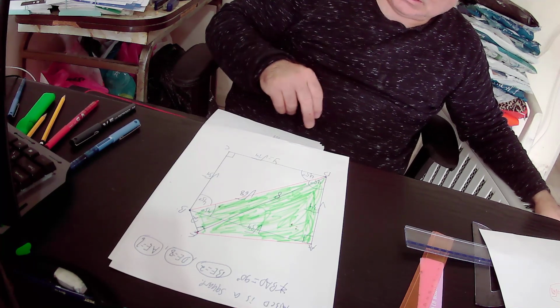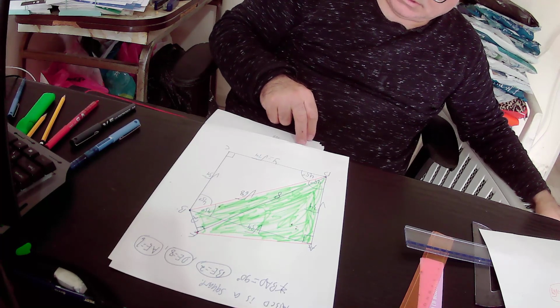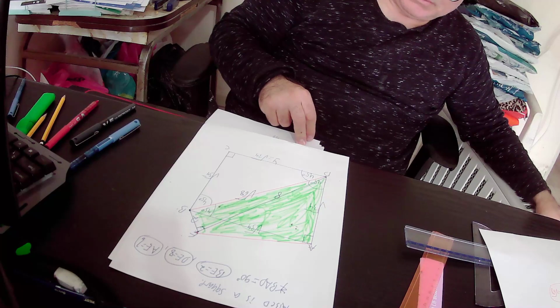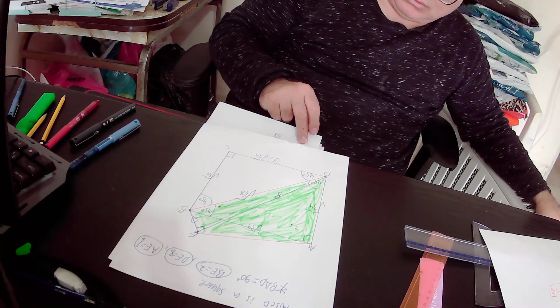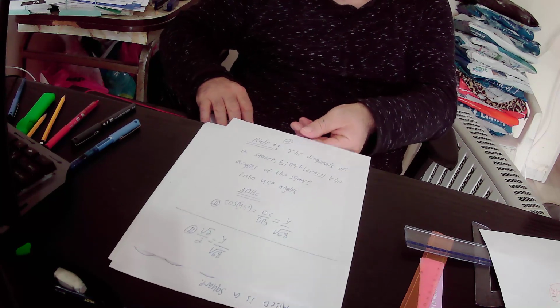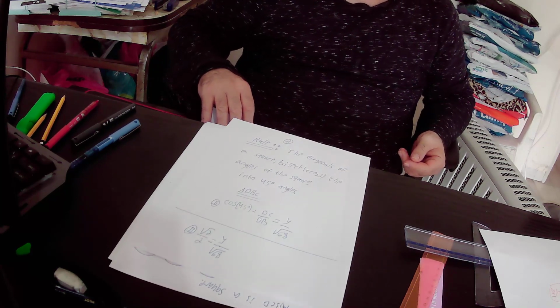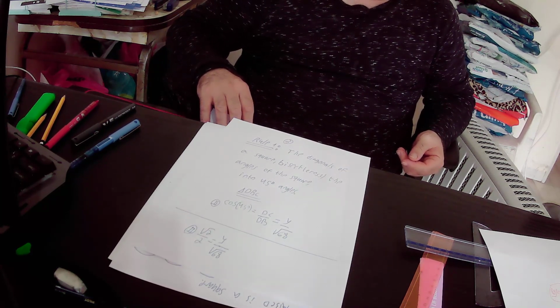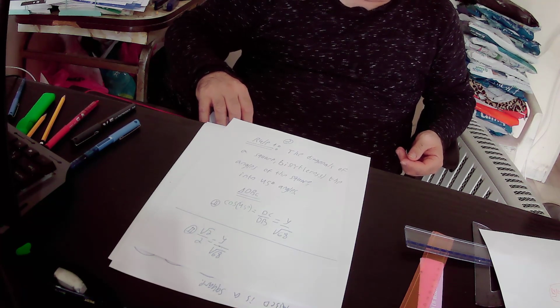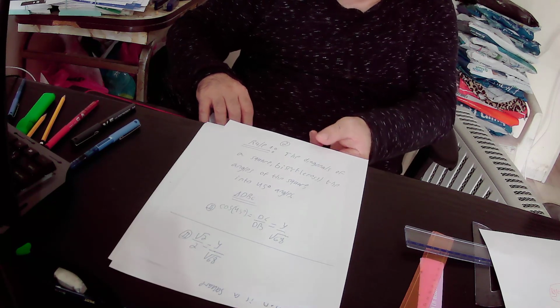But before that, I actually presented to you rule number 1, and according to rule number 1, the diagonals of a square bisect the angles of the square into 45 degree angles.